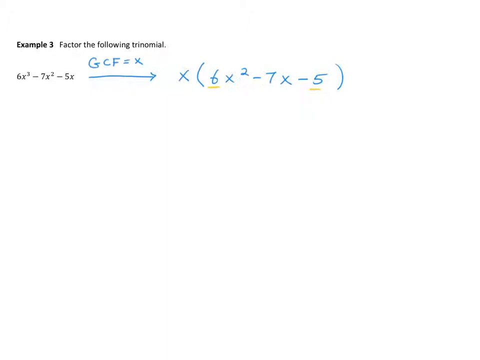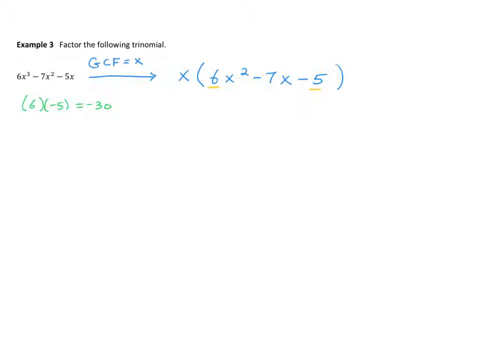So let's do that. So I'm taking 6, negative 5, and that gives me negative 30. I now want to choose 2 factors of negative 30 that add to negative 7.